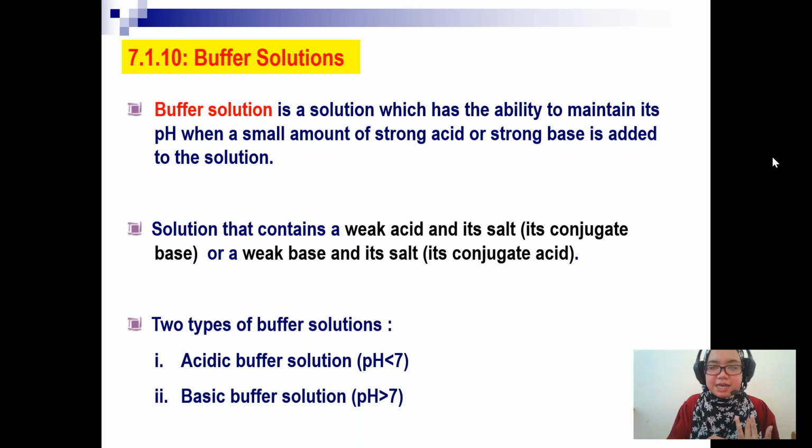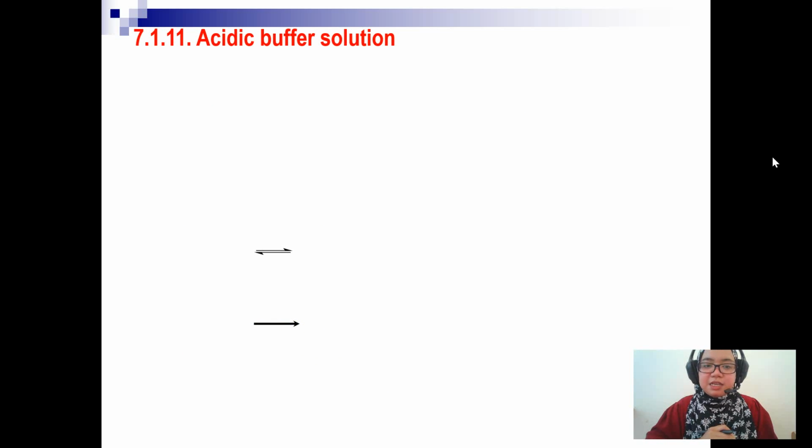The first one is acidic buffer solution, which consists of weak acid and conjugate base. The second one is basic buffer solution, which consists of weak base and its conjugate acid. Acidic buffer solution has pH less than 7, and the basic buffer solution has a pH of more than 7. Okay, so now let's get into it.